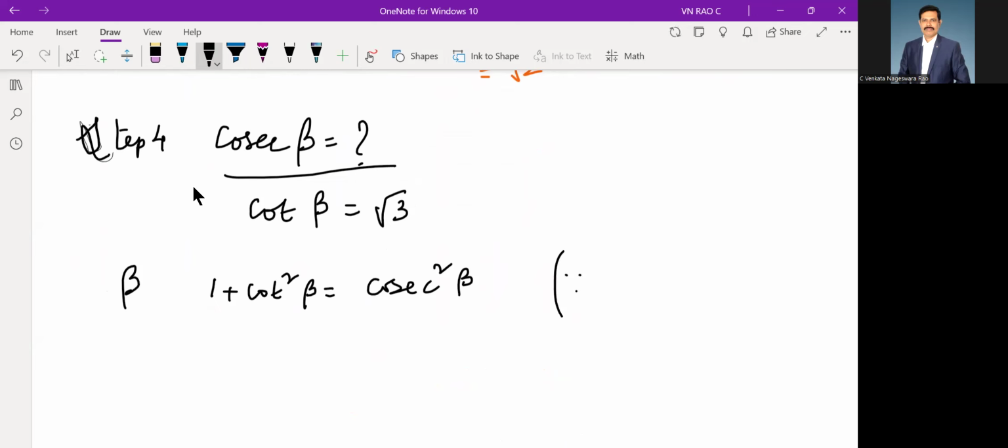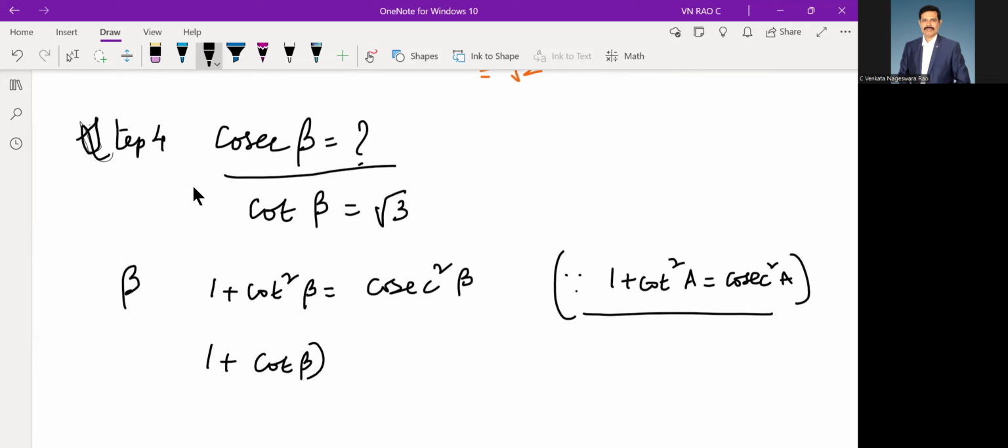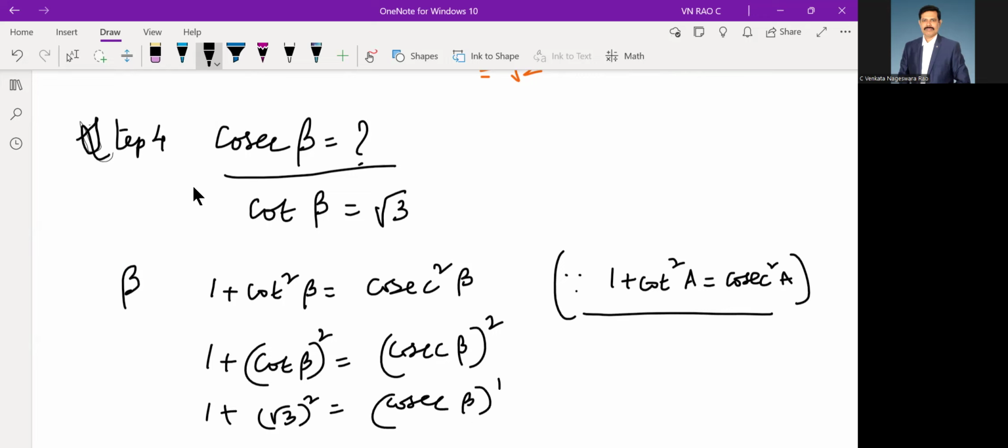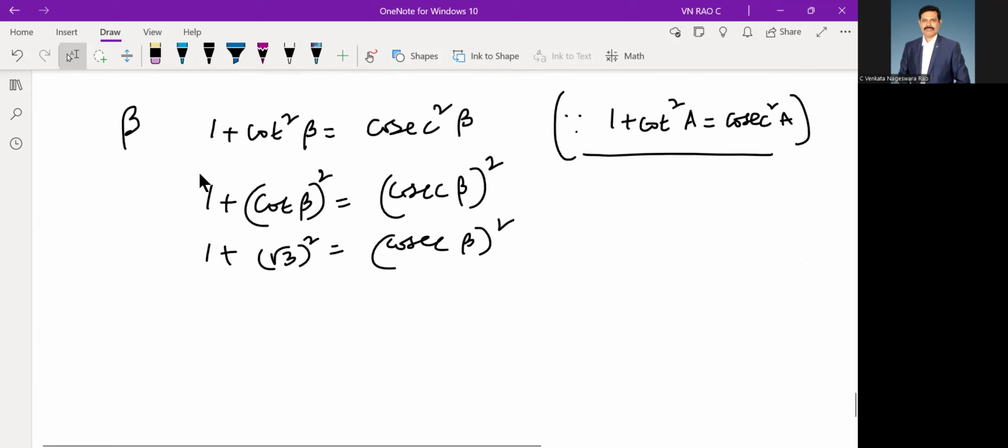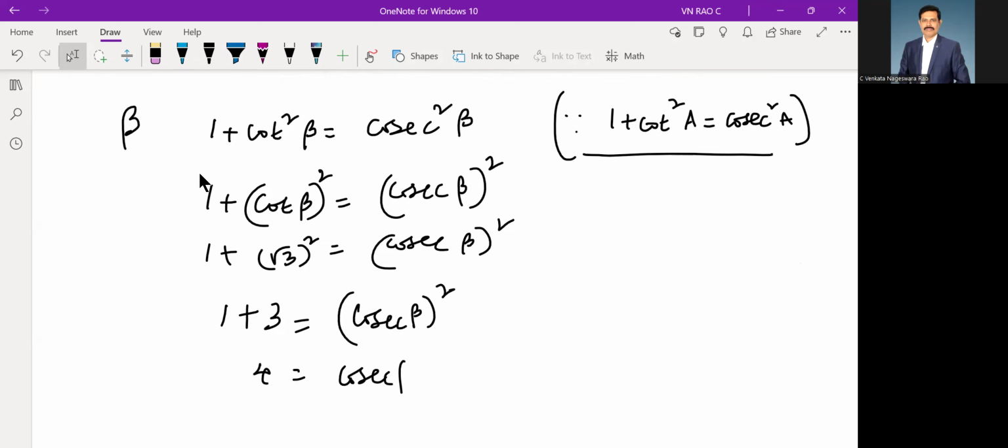This will become 1 plus square root 3 whole square is equal to cosecant beta whole square. So this becomes 1 plus 3, which is 4, equal to cosecant beta whole square.